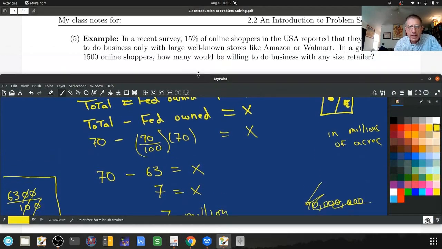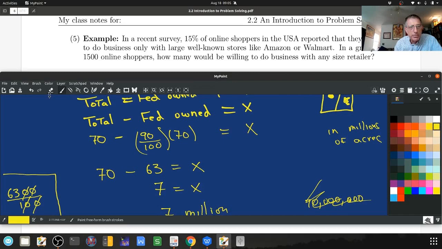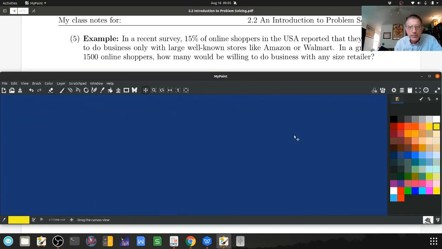This is translating concepts. So we have two groups of shoppers. We're going to divide our shoppers into two groups. Group 1 only shop at large retailers.